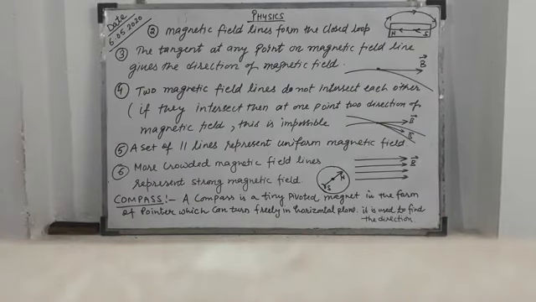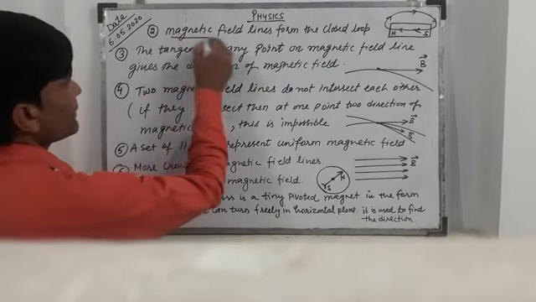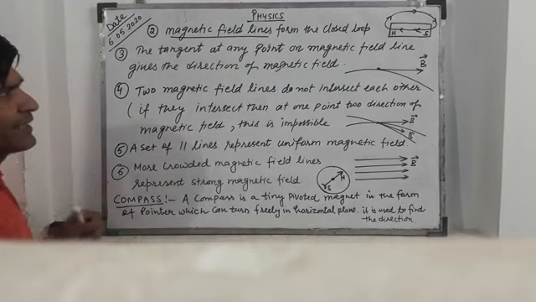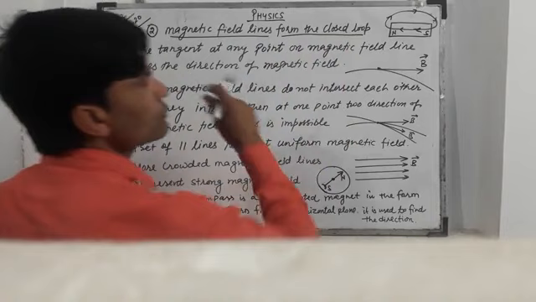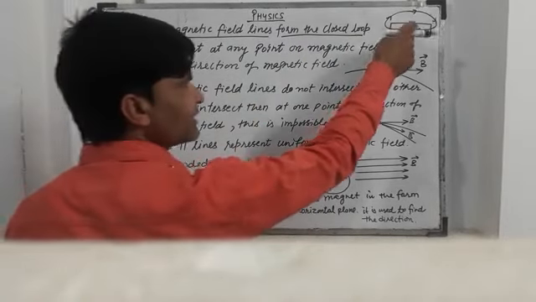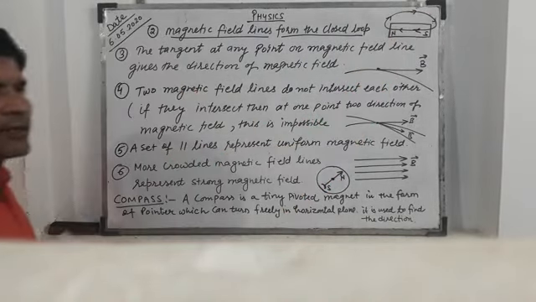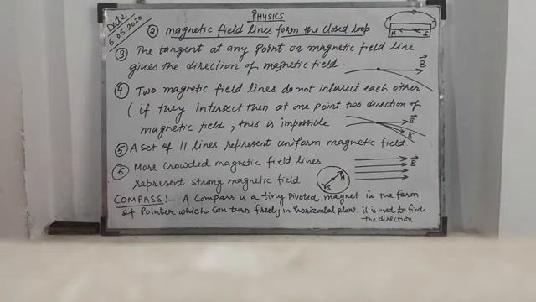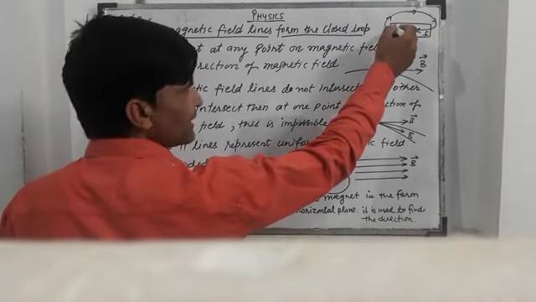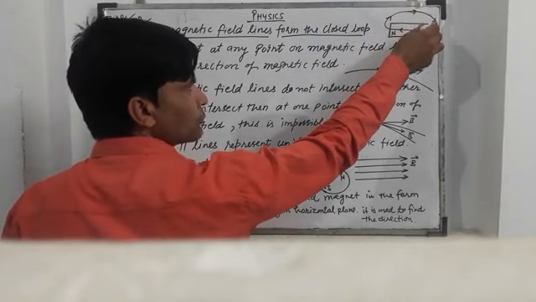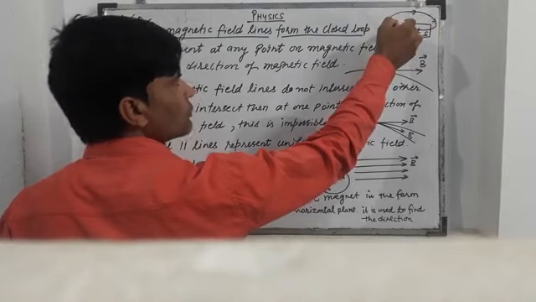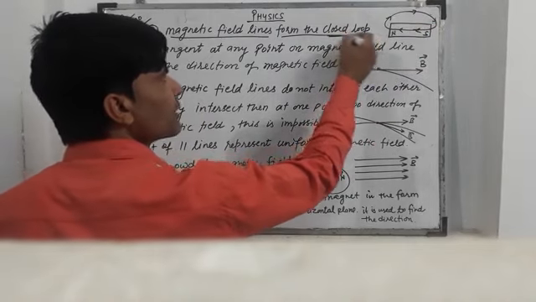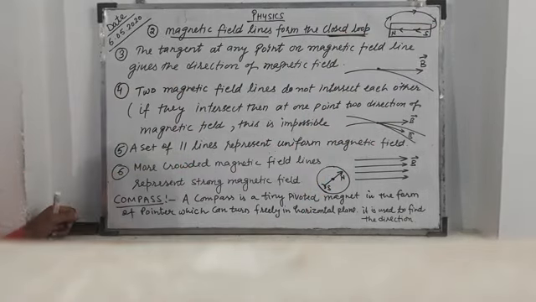Now the second property of magnetic field lines is that they form closed loops. You can see this from the diagram. This is an extension of the first property: magnetic field lines go from north to south outside and from south to north inside, so they form closed loops.